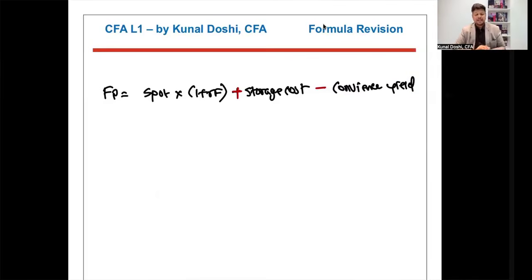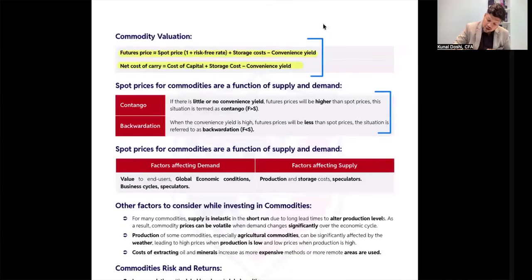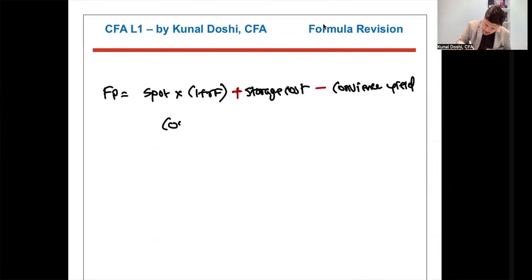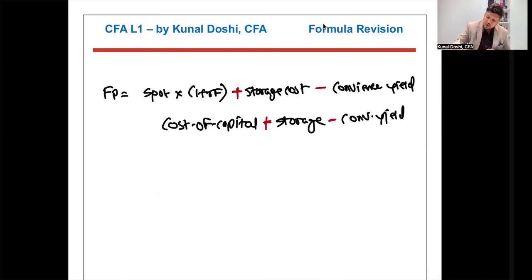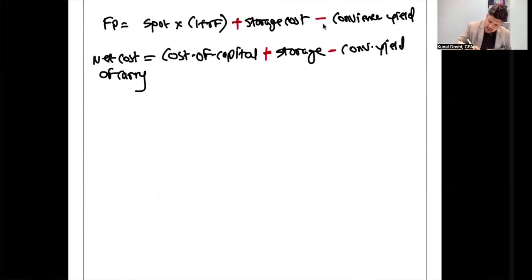All right, everyone. The formula for net cost of carry includes cost of capital, the time value of money or the cost of money invested, storage cost, and convenience yield. Of this, the entire focus should be on storage cost and convenience yield. That is called net cost of carry. Now, if the storage cost is greater than convenience yield, or if it is lesser than convenience yield, help me with this. If the storage cost is greater than convenience yield, what will happen?